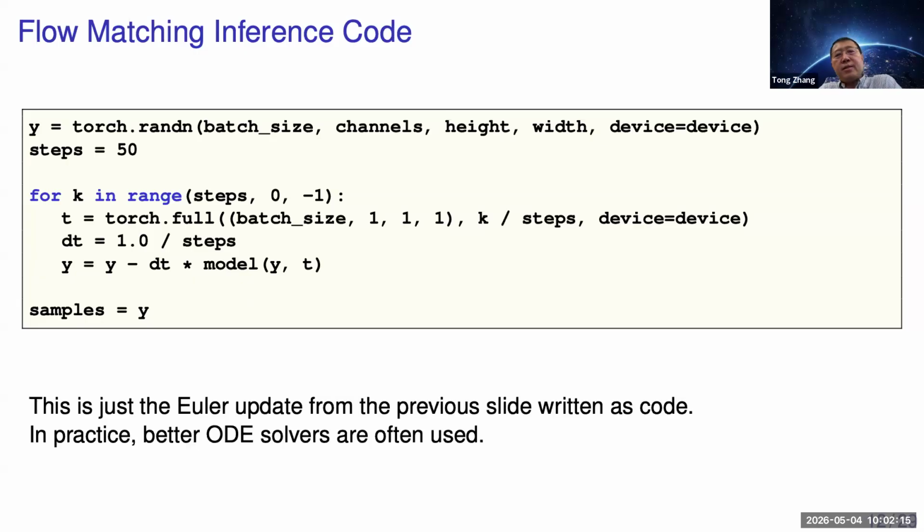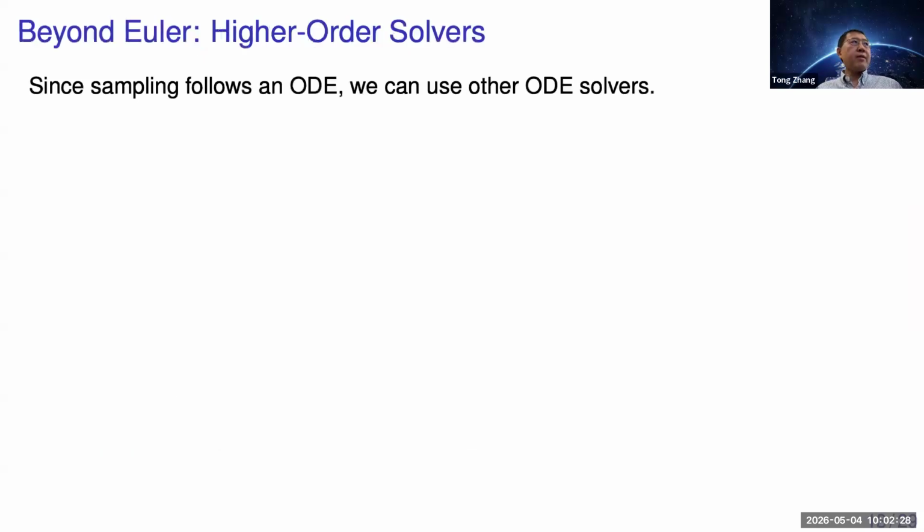In practice, sometimes people use other methods. We'll talk about one which is used pretty frequently, the so-called Heun method. There you can have higher order solvers for the ODE instead of Euler, because there are some other solvers.